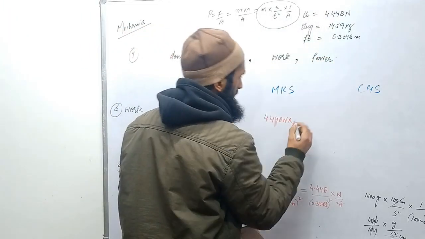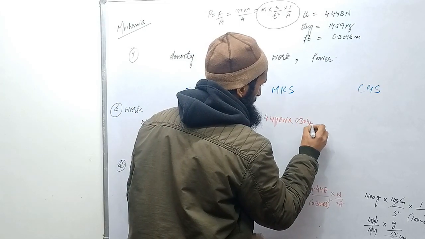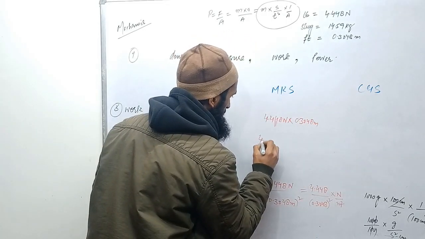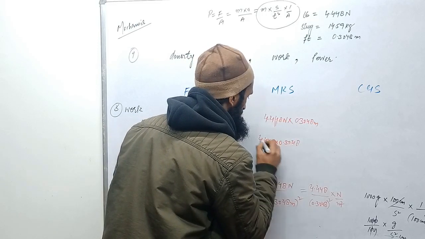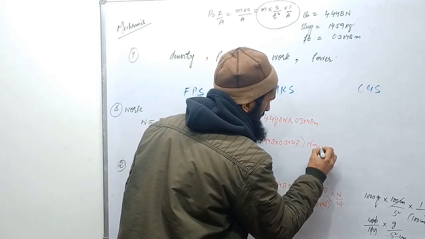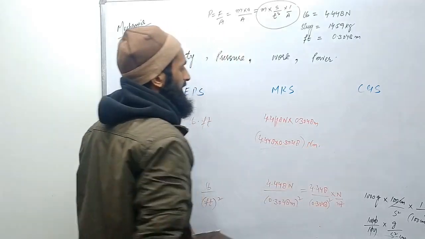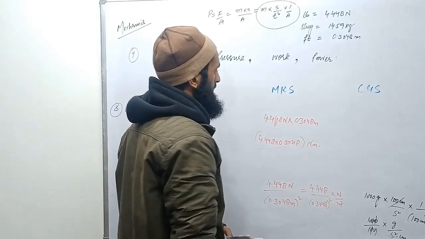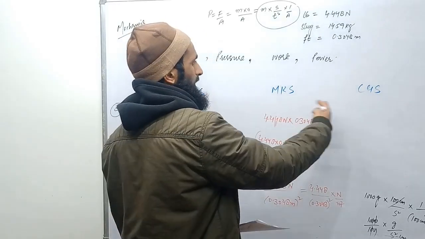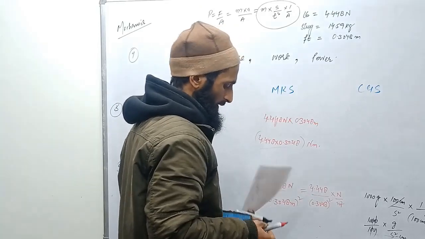Feet is 0.3048 meter. So we will get 4.448 into 0.3048 Newton meter. After calculating this, we will get some value times Newton meter, right? Further we have to convert it into CGS system.